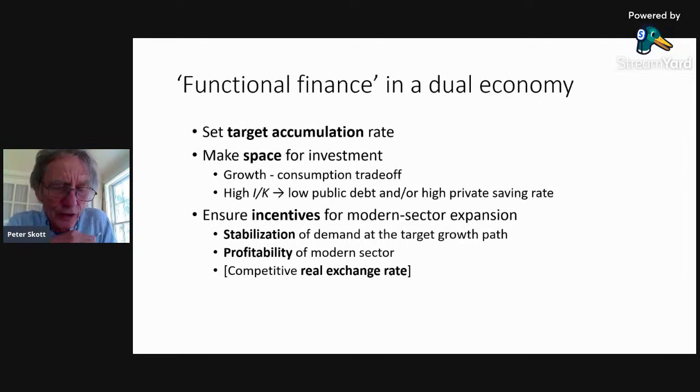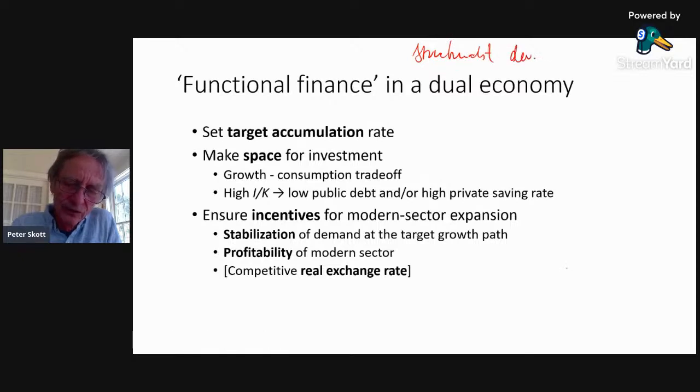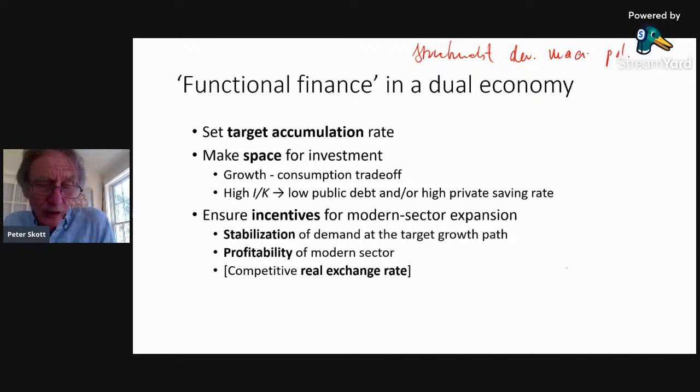So how should one conduct functional finance? Functional finance is the term I've been using for it. I probably should, in this context, refer to it as the structuralist development macroeconomic policy. Functional finance in a dual economy.